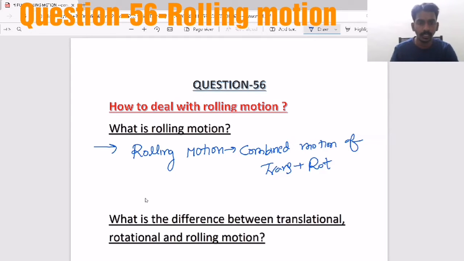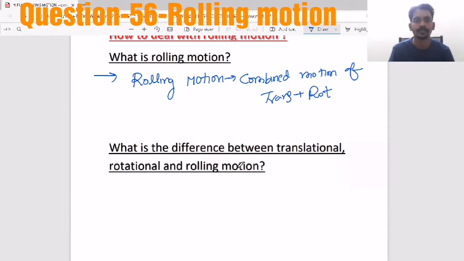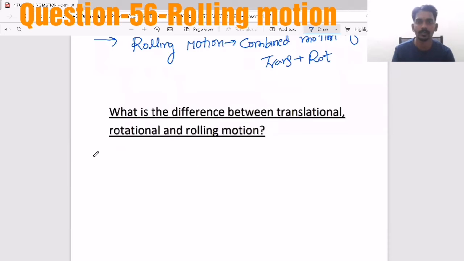So when you consider rolling motion, the very first thing we have to understand is the difference between translational, rotational and rolling motion. See, the very first thing, translational.